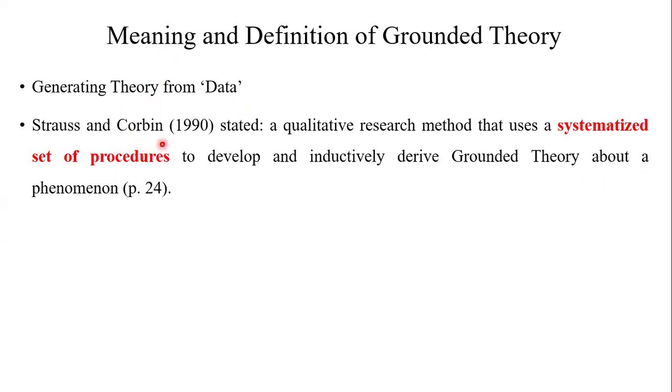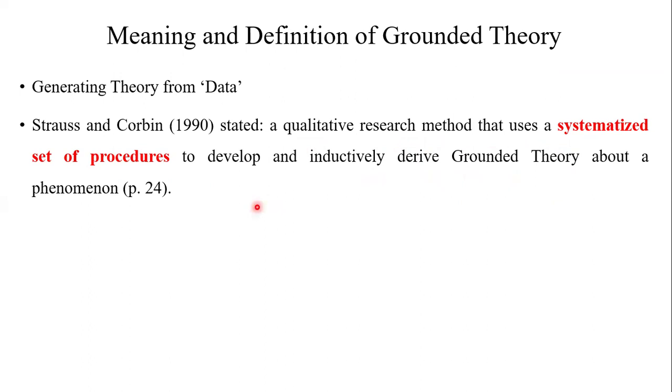So, Strauss and Corbin in 1990 stated that it is a qualitative research method that uses a systemized set of procedures to develop inductively, as I have already told you, this is an inductive reasoning approach. So they stated that a qualitative research method uses a systemized set of procedures to inductively derive grounded theory about a phenomenon.